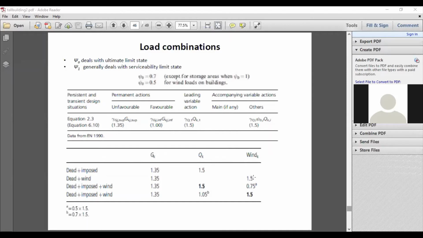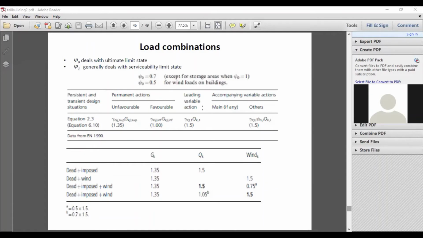So for live loads in the Eurocodes, you can have variable action, and under the variable action you have one called leading variable action, and the other variable actions will become accompanying variable actions.